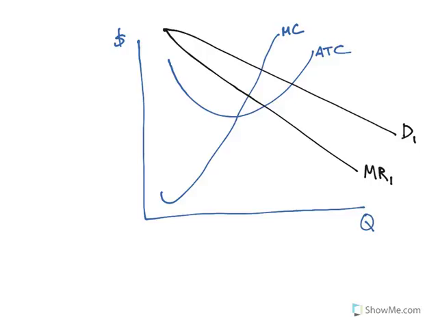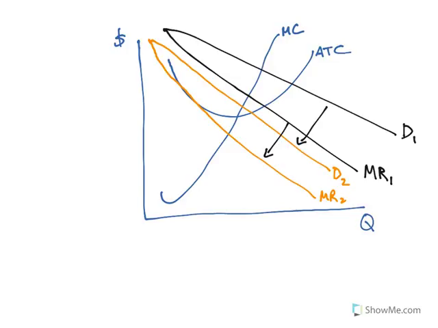And we'll make our new demand curve orange, but also the new marginal revenue curve orange. Okay, notice here that both of these curves shifted, they both decreased. So now all we need to do is find the new profit maximizing quantity.